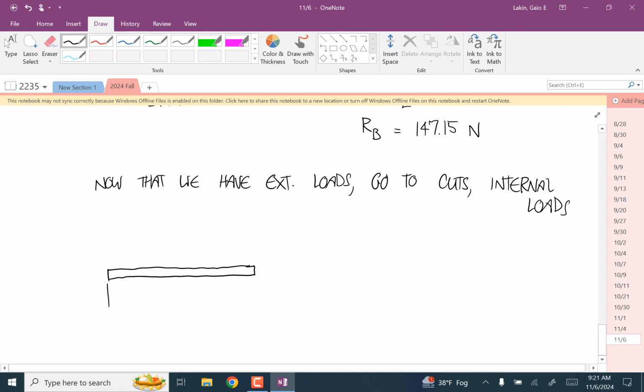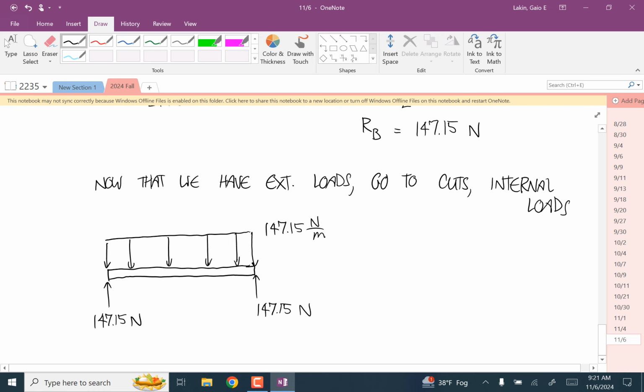We now know that we have a force of 147.15 up, another one over here of 147.15, and then we have this distributed load with a magnitude of 147.15 newtons per meter. I'll put the units in just so we don't get confused about what's a force and what's a distributed load.